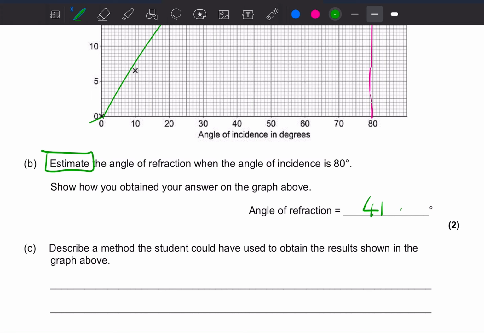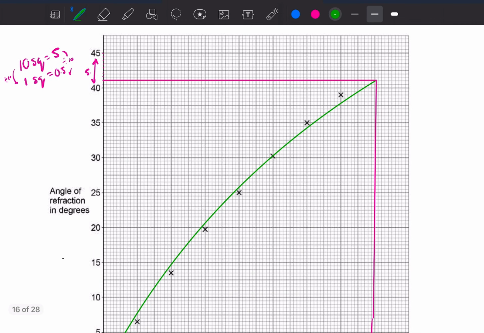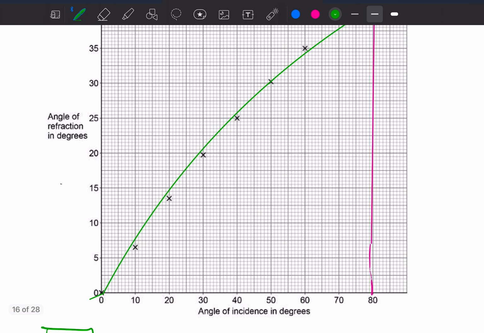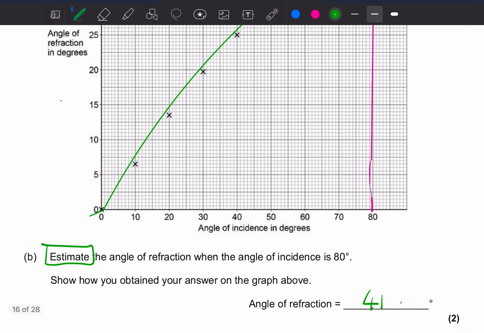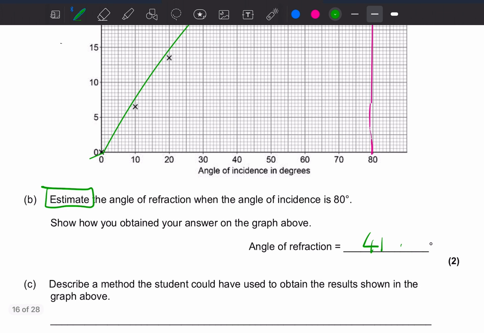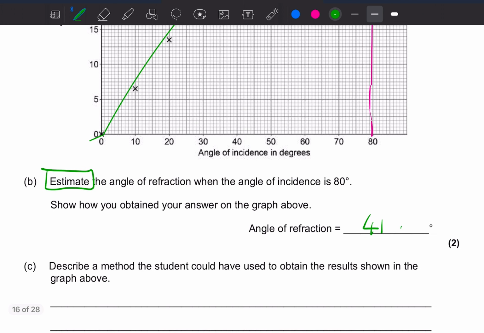Now, I know that there will be a degree of tolerance allowed there, because depending on how you drew your curve, they will give you a bit of leeway. So you're probably all right if you've got something from about 40 to 43 degrees. And it's worth 2 marks.